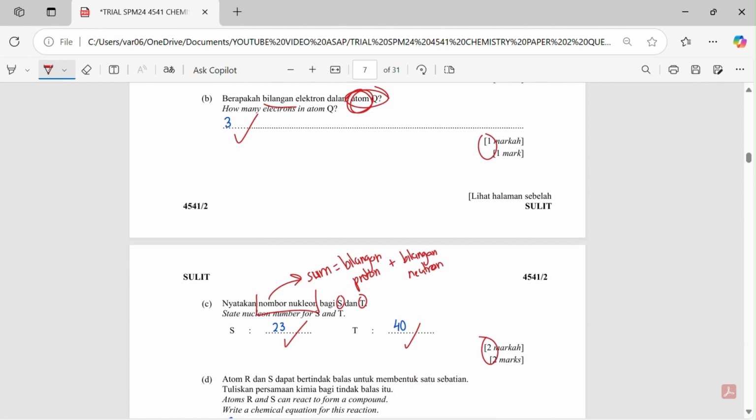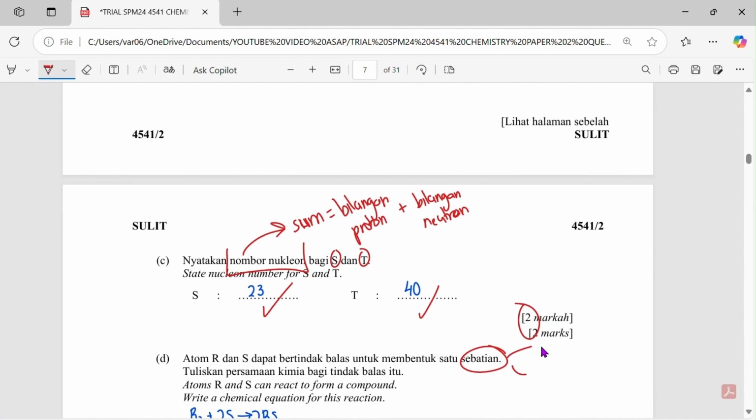Okay, next. Atom R dan S dapat bertindak balas untuk membentuk suatu sebatian. Tuliskan persamaan kimia bagi tindak balas itu. Sebatian, for your syllabus, there's only 2 types, which is sebatian ion and sebatian covalent. Sebatian ion is formed when one atom will donate, another atom will receive their electrons.